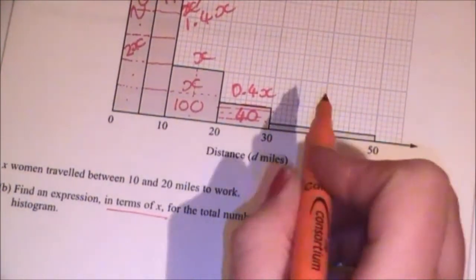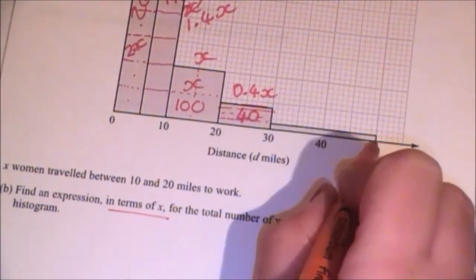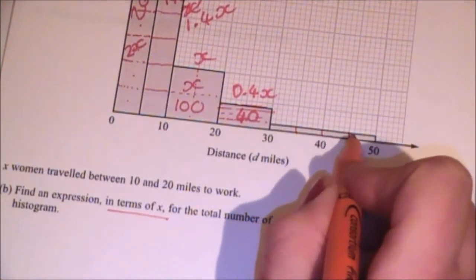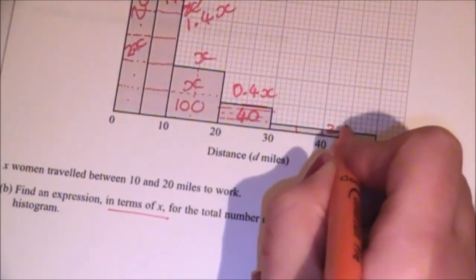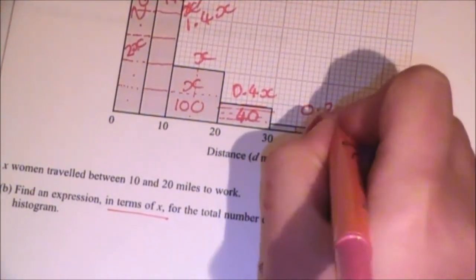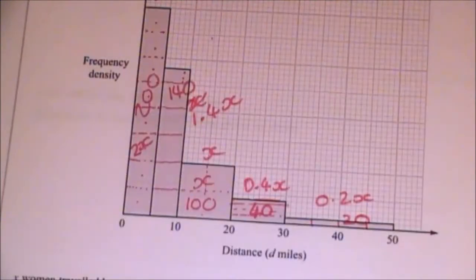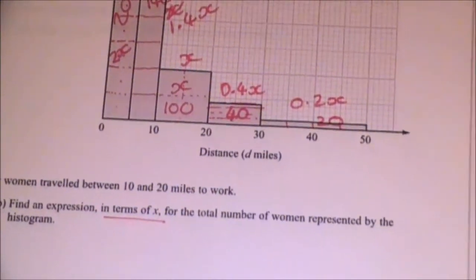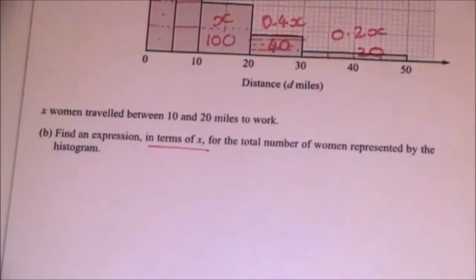Then if I count the little squares here, it's just a flat row of 1. So it's going to be 5, 10, 15, 20. So there's 20 little squares in there, which is 0.2x. So I've got 2x, 1.4x, x, 0.4x, 0.2x.